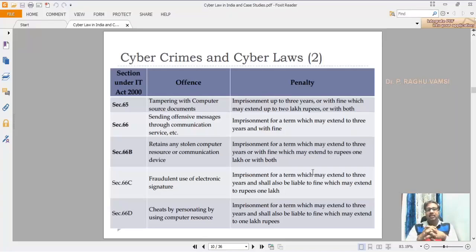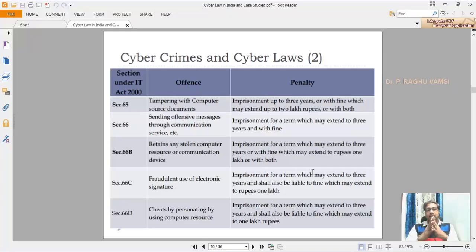Section 66B, actually there is a section 66A, but it was struck off by the Supreme Court in 2015 by entertaining a public interest litigation filed by a girl in Mumbai. She was booked under section 66A during 2012.